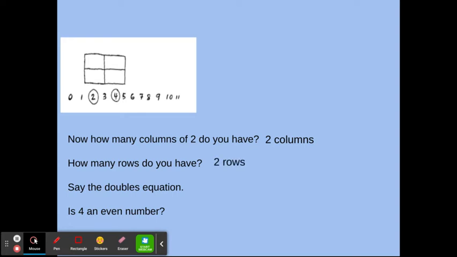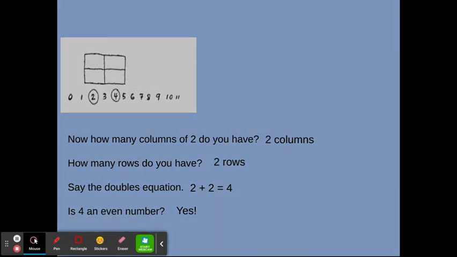So what will be the double for this one? The double is 2 plus 2 equals 4. Is 4 an even number? Yes, because nothing is sticking out, so you know that 4 is an even number.